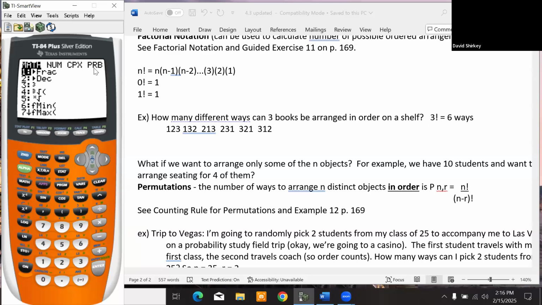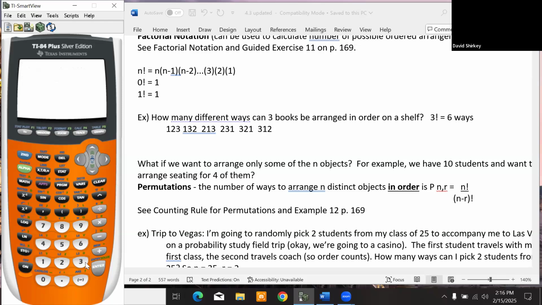We want PRB for probability. You can either arrow to the right until you get to PRB, or you can arrow to the left until it's highlighted. And we're doing factorial. That's number 4, the exclamation point that you see here. So you can either arrow down and press enter, or just press the number 4, right?